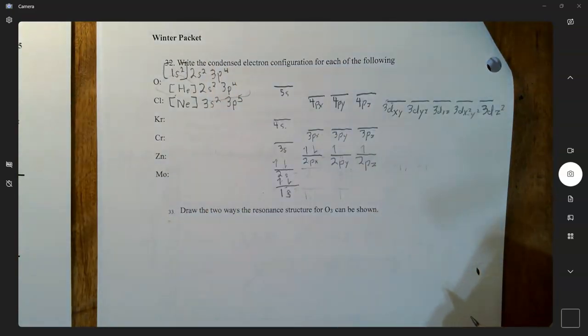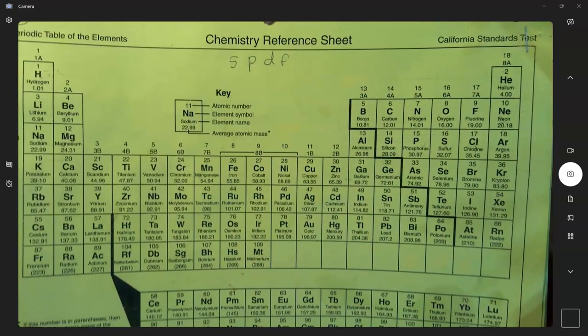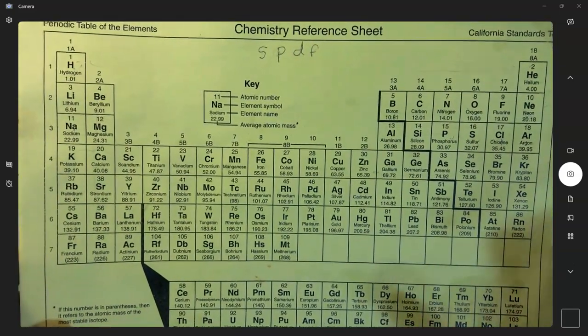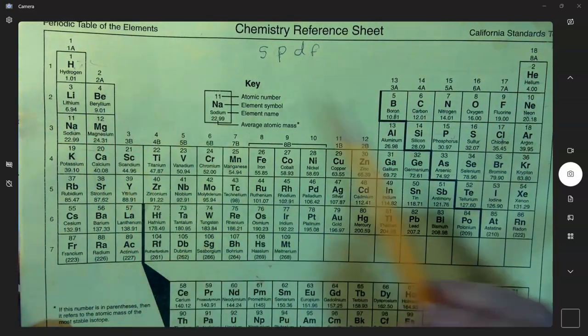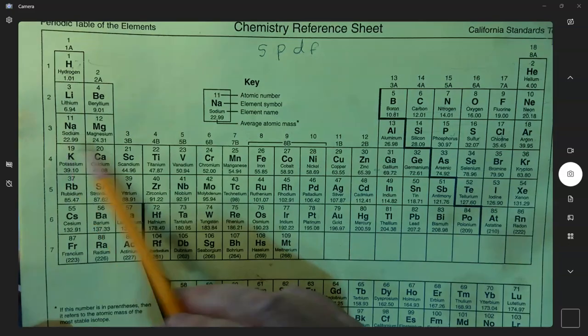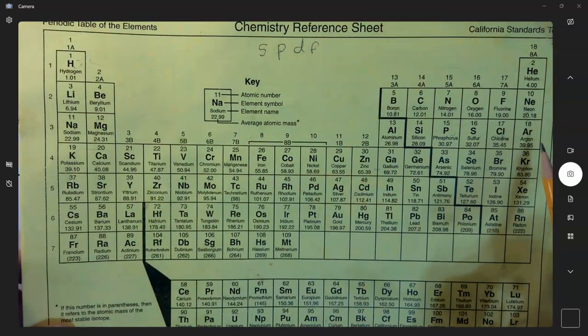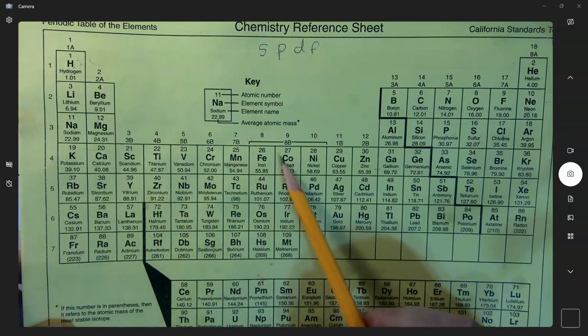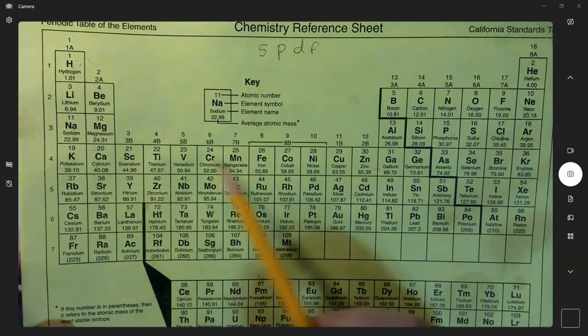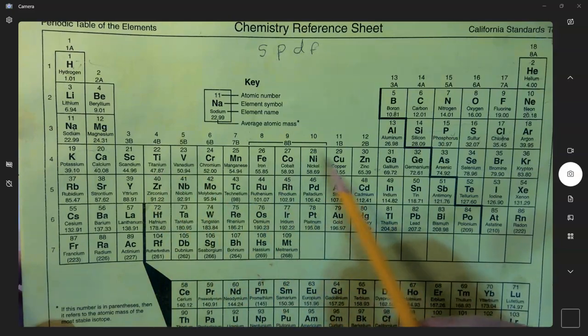Okay, krypton. It's way down here. It's 1s2, 2s2, 2p6, 3s2, 3p6, 4s2, 3d. This is the 3d subshell. 3d10.